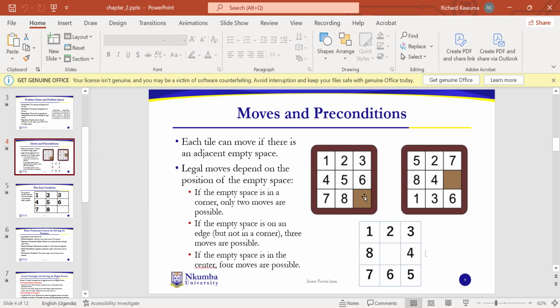This is what we are seeing from the 8 puzzle. We have options to do things. We have directions to take. You could have chosen to go to Makerere, but you chose to come to Nkumba. You would have chosen to go to Nkozi, but you chose to come to Nkumba to do your studies.